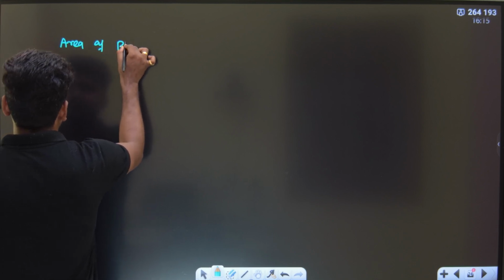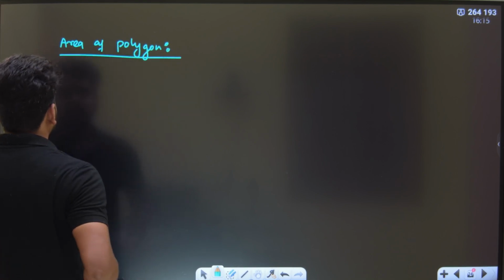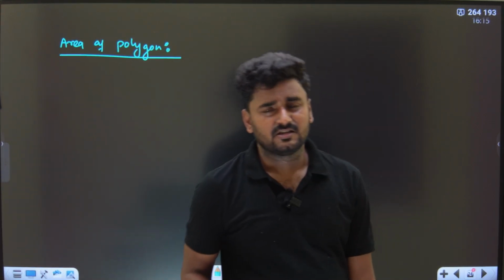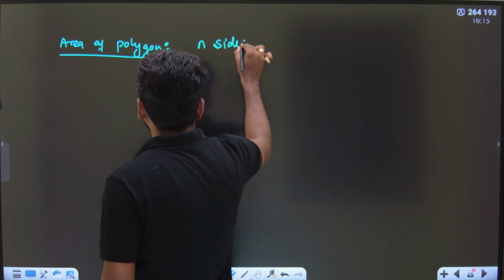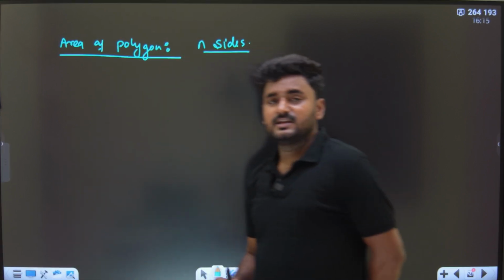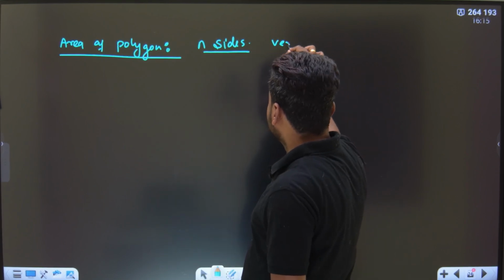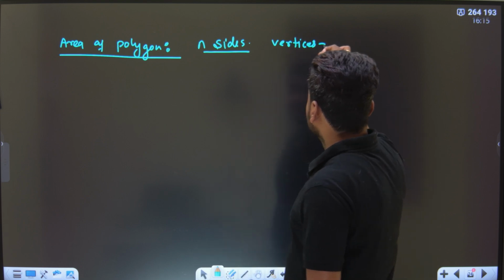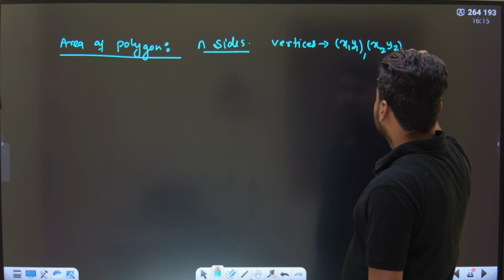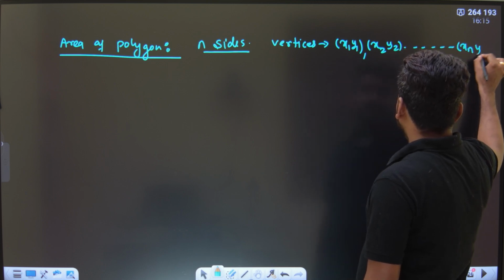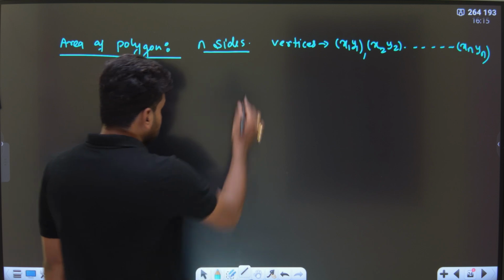Suppose the polygon has n sides, and the vertices are given as x1 y1, x2 y2, x3 y3, like that up to xn yn, and I want to find the area of this polygon. For the area of this polygon, what will I do?